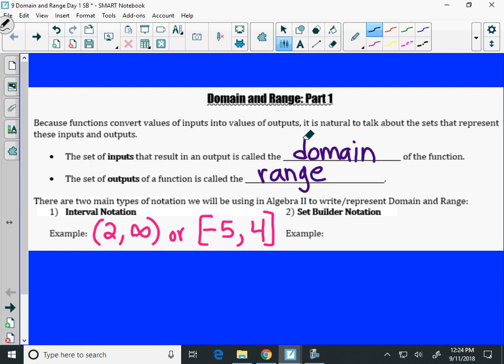Your set builder notation starts with the curly bracket. Now, if you're doing domains, do you deal with the x's or the y's? The x's. Domain is your x's. So you would put an x. You'd say, okay, all the x's. Then you put a line, a bar. That bar means "such that." That's a math sentence right there. All the x's such that.